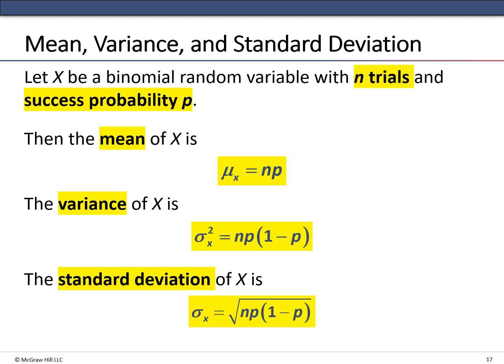The variance of x is np times 1 minus p, again where lowercase p is our probability and n is our number of trials. And this gives us the standard deviation, which is the square root of n times p times 1 minus p.